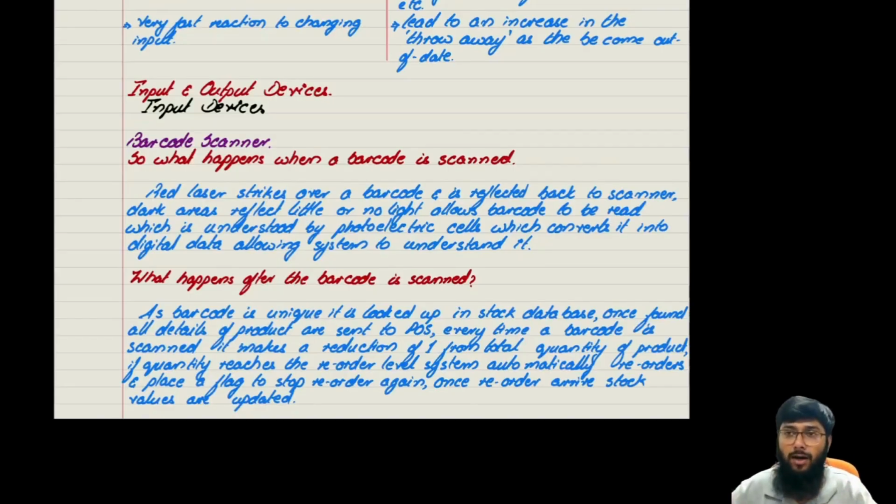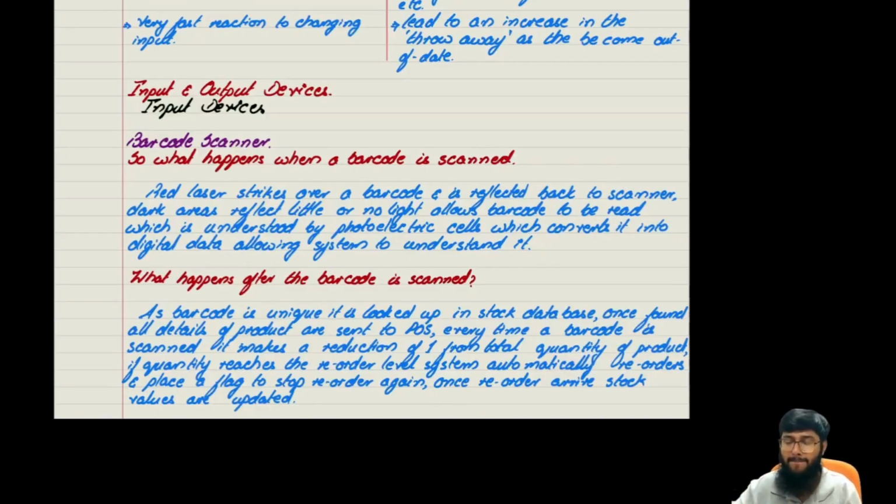As you might have seen, in the barcode scanner there is a red laser light. That laser light strikes that particular barcode, and it reflects back. It reflects back only from the white areas; it does not reflect back from a black area, or if it does, it is such a minor amount that you may consider it is not reflecting back.